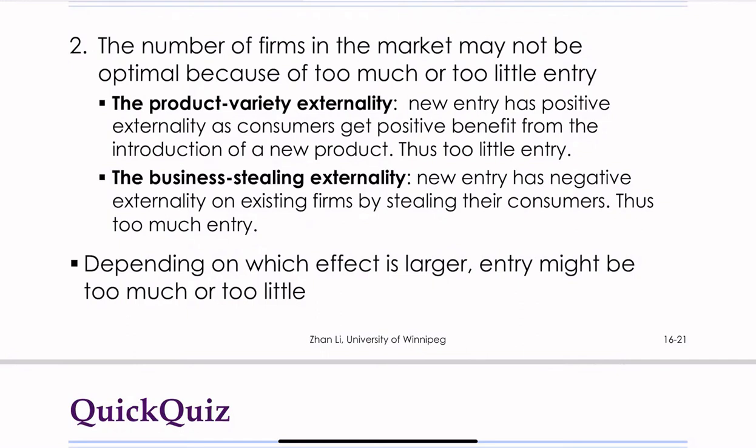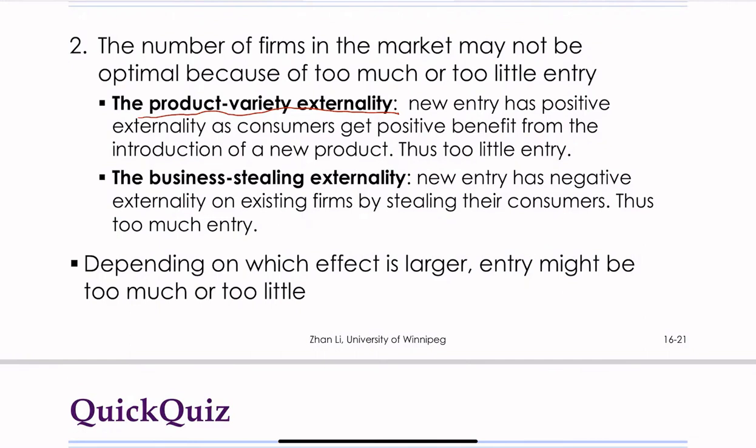Why do we have this result? Well, because there are two kinds of competing externalities in this market. The first one is called the product variety externality. It basically means that if there is new entry into the market, then consumers will have more choices. So this is good for consumers. This implies entry has a positive externality.